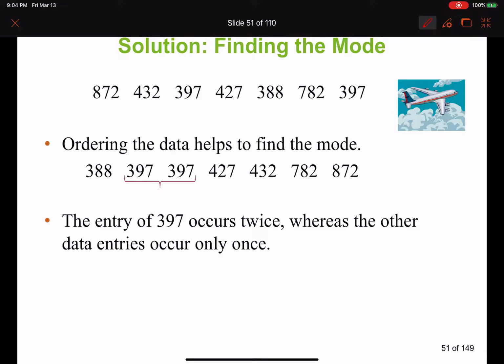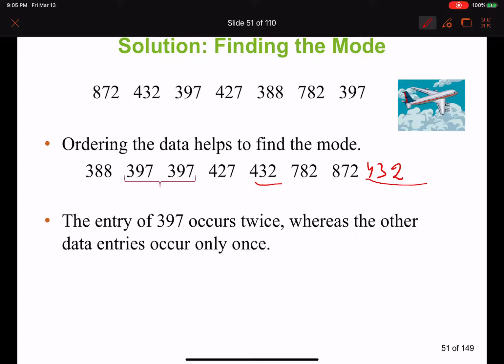Let's assume I would have another 432. Then it would be 397 and the $432 worth. So we would have 2 elements that repeat themselves with the highest frequency. In that case, we would have bimodal.